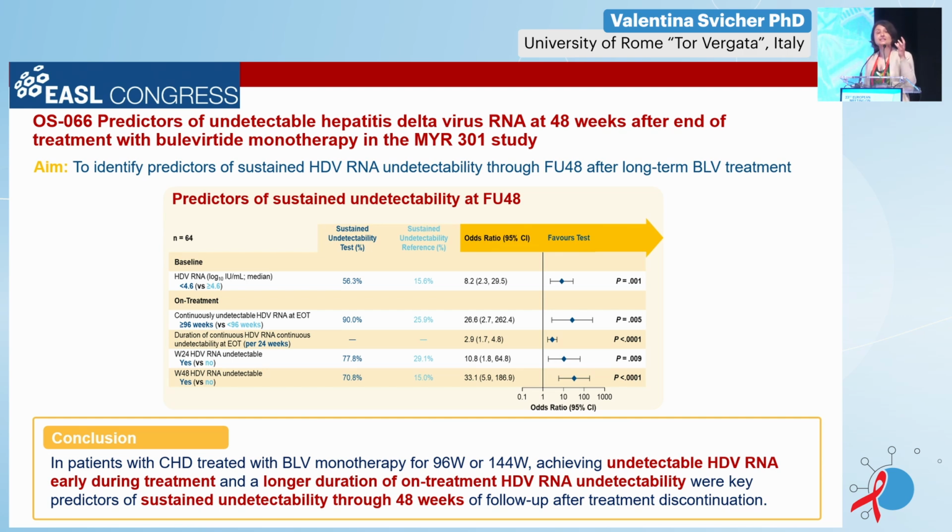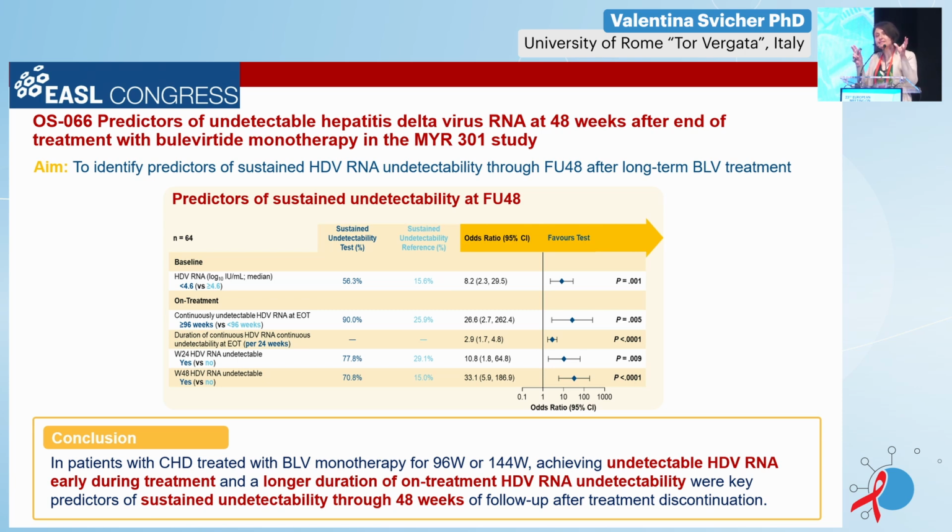This concept is reinforced by a study that was presented at last EASL. This is an interesting study showing that an early achievement of undetectable HDV RNA during bulevirtide treatment and a longer duration of undetectable HDV RNA are the two key factors predictive of the maintenance of undetectable HDV RNA 1 year after suspending treatment.